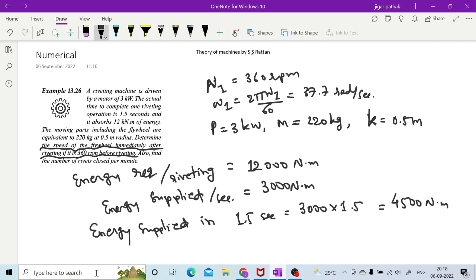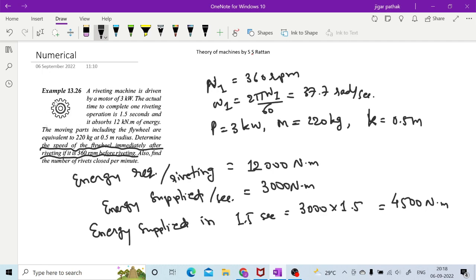Now the energy supplied by the flywheel you can get an idea about from the data.